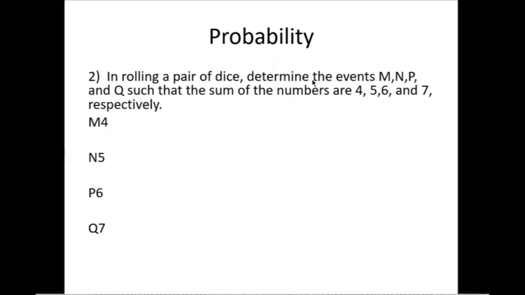Okay, next. Number 2. In rolling a pair of dice, determine the events M, N, P, and Q such that the sum of the numbers are 4, 5, 6, and 7 respectively. So, kuhanin natin yung M4.